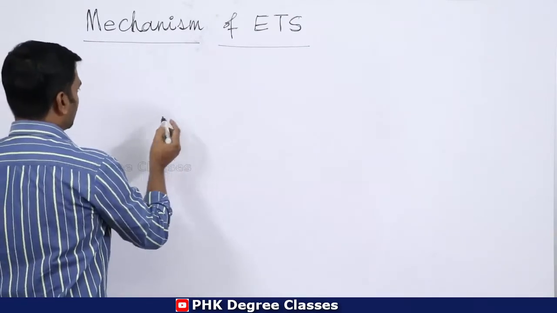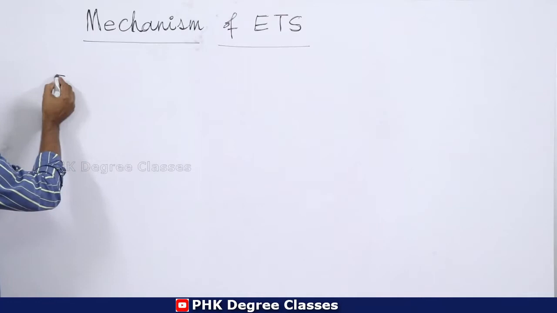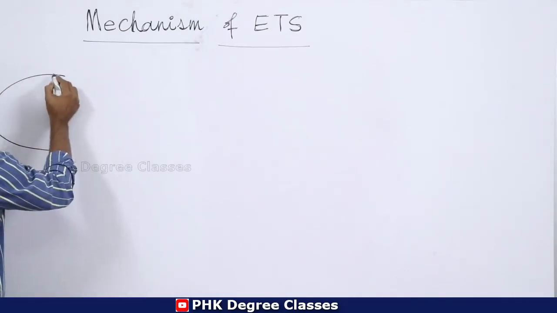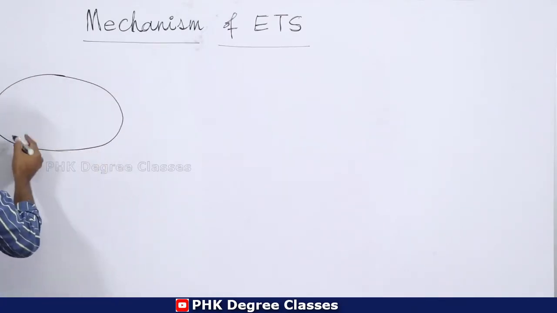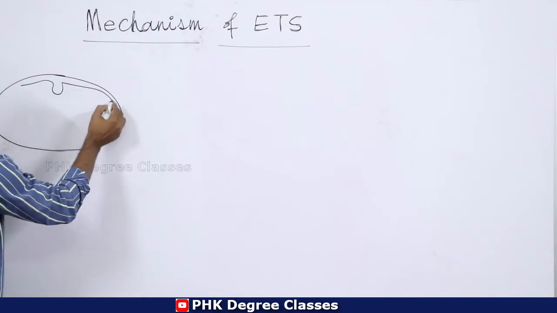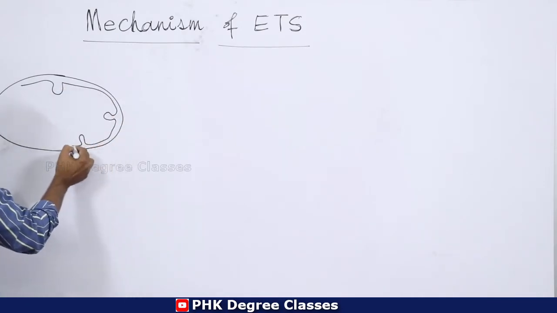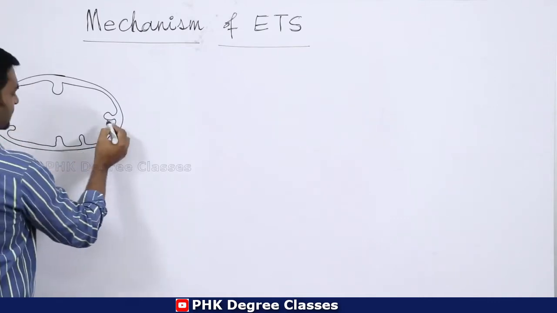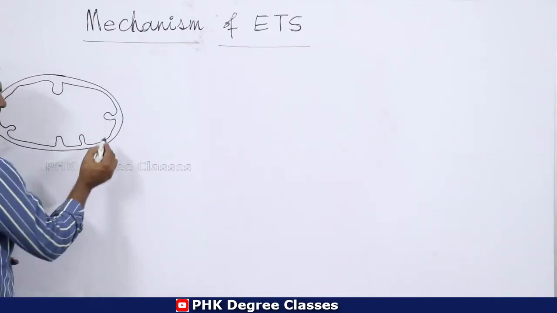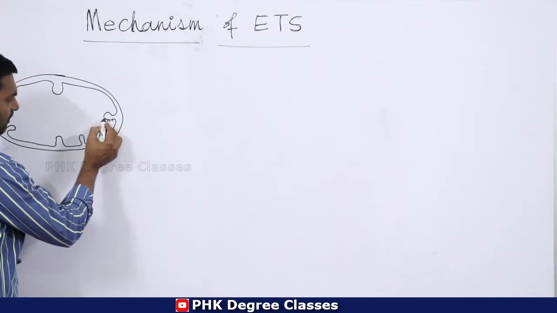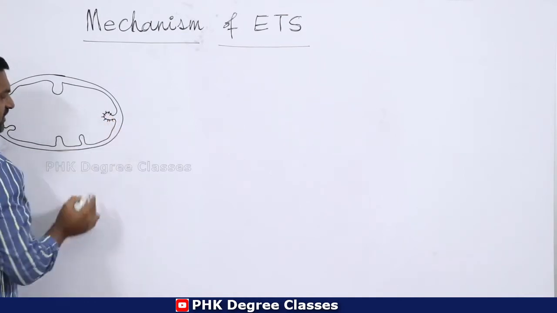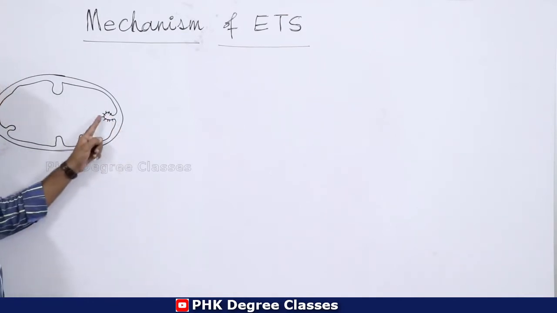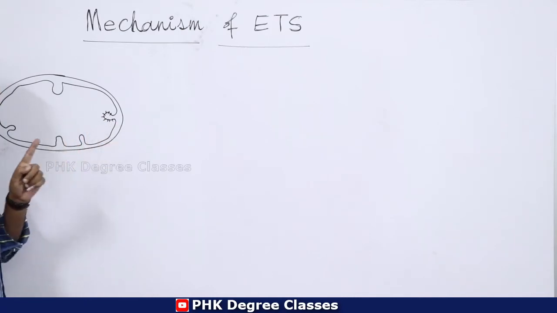So this is about mitochondria. I want to draw the diagram of mitochondria. This is the inner membrane. The infoldings of the inner membrane are generally called cristae. There are different complexes, and these complexes are located on the cristae of the inner membrane of mitochondria.